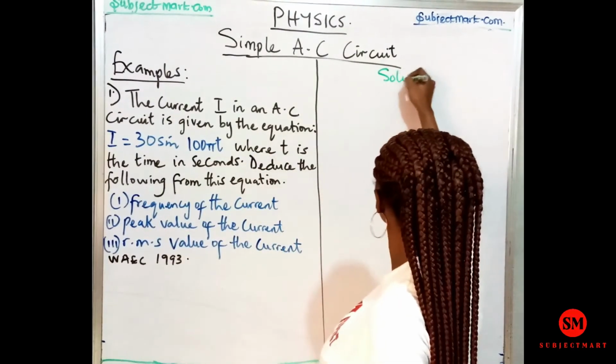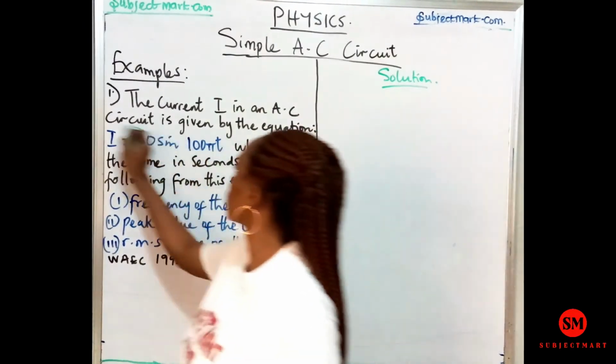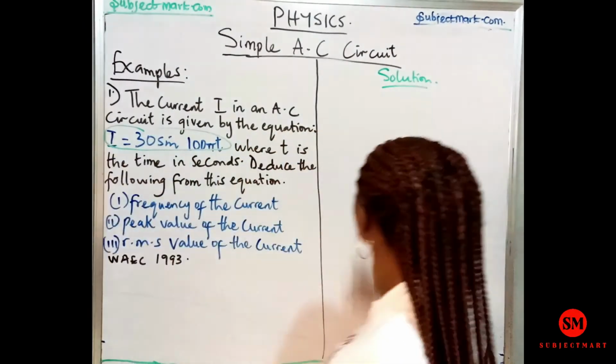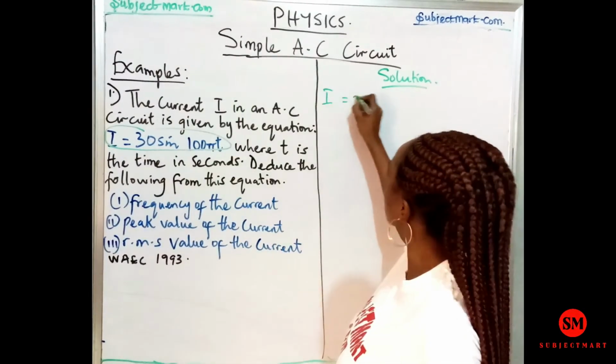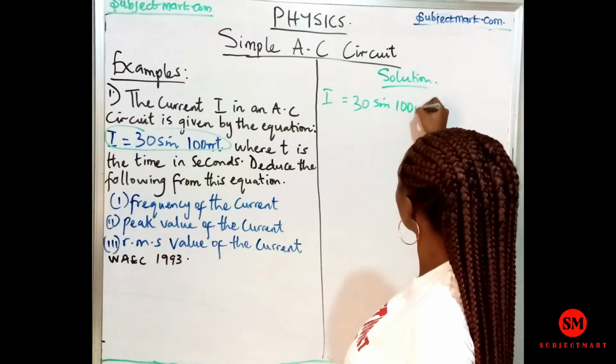So solution. The first thing I'm given here is I is equal to 30 sine 100 pi t.